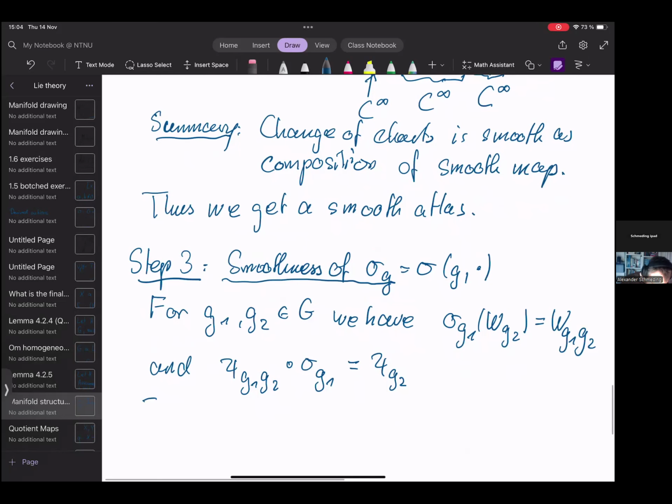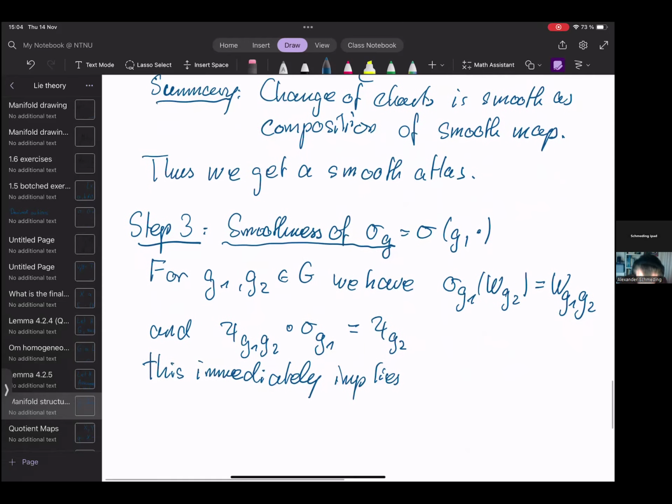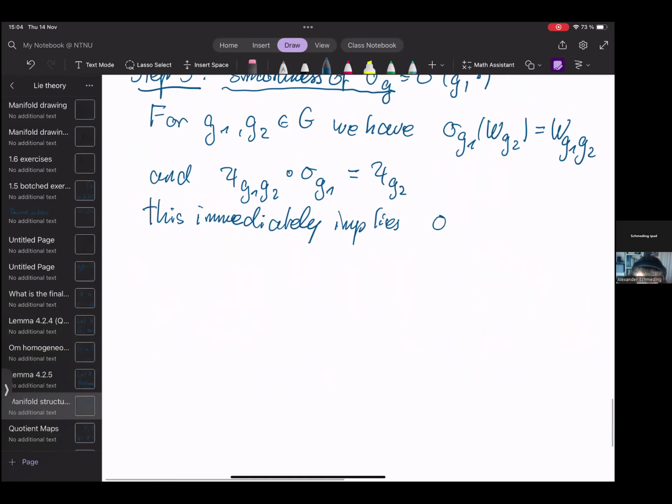So this immediately implies that if I restrict my transport map sigma G1 to this open set WG2, and consider this as a map from WG2 to WG1 G2, that this is smooth, right? Because in the chart it just becomes the identity.